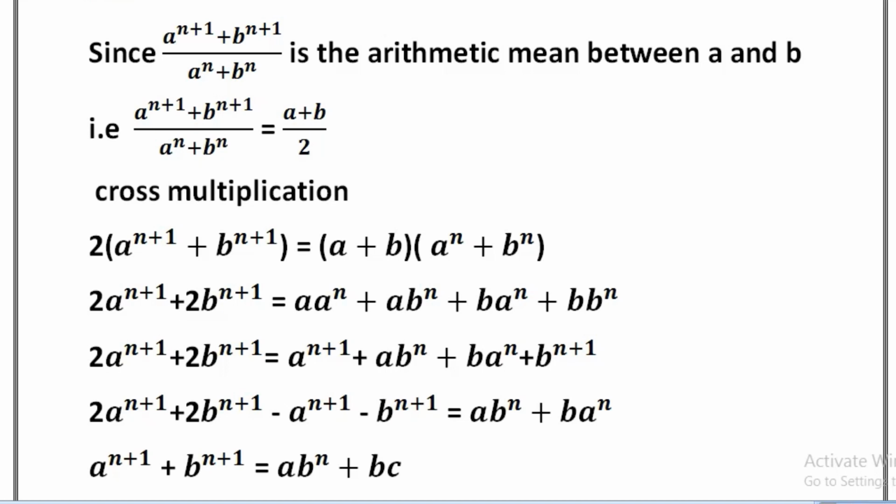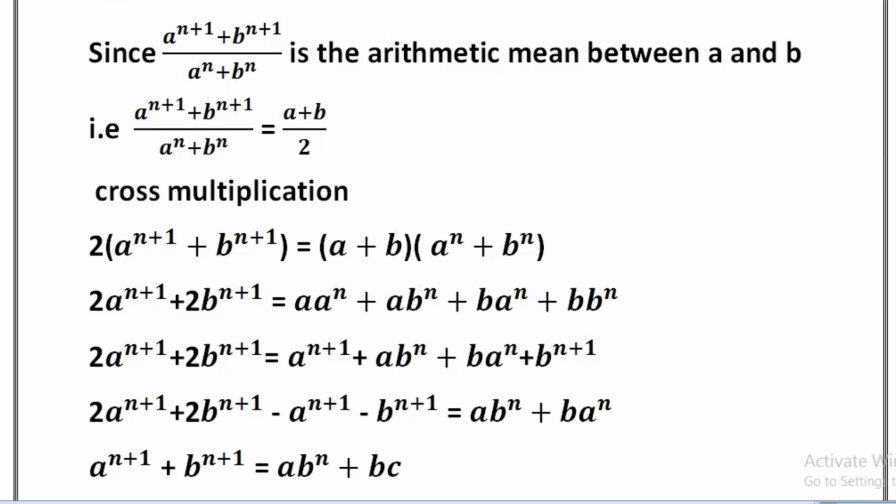So 2a power n plus 1 plus 2b power n plus 1 is equal to a power n plus 1 plus a b power n plus b a power n plus b, and b power n can also be written in the form of b power n plus 1.